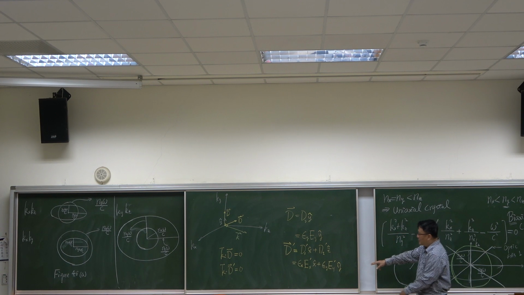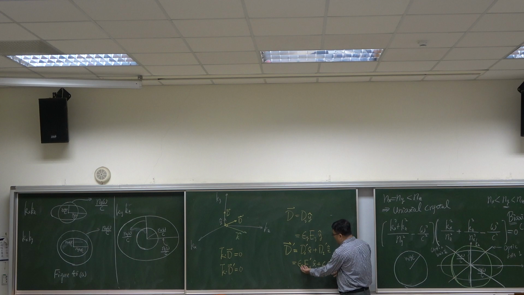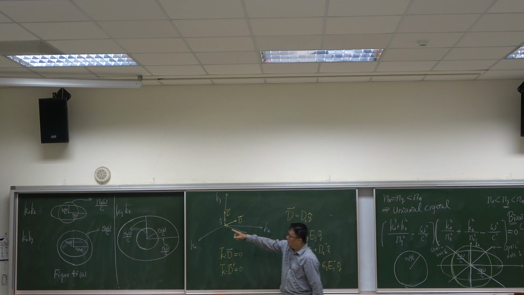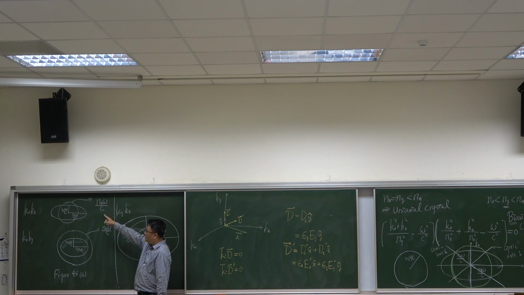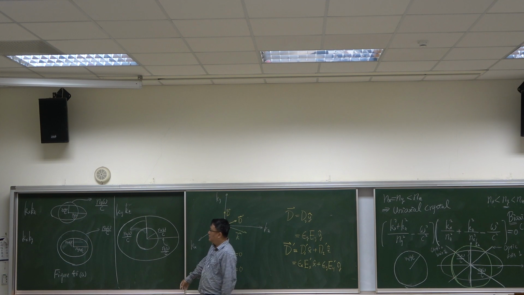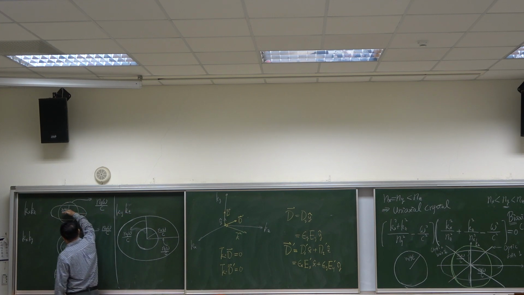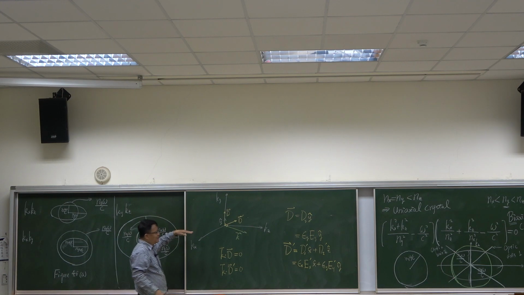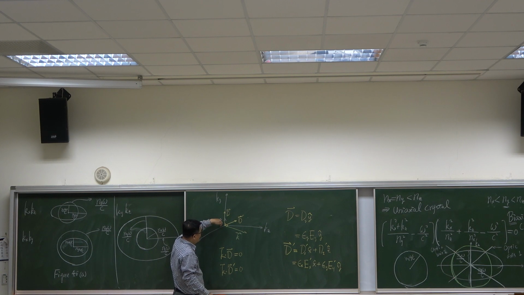And since epsilon x is not equal to epsilon z, the different propagation directions will give us different effective refractive indices. Okay? And in this very special direction, say k is along the x direction.